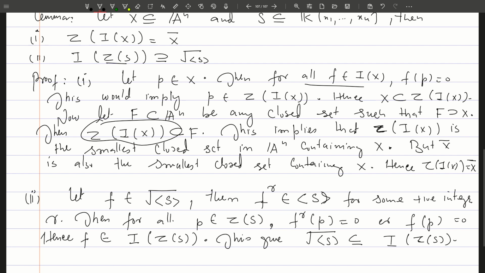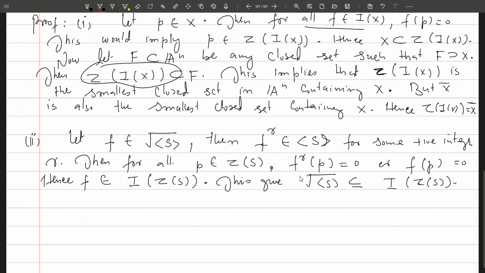Now we have a short consequence of this result here. So we have a corollary.